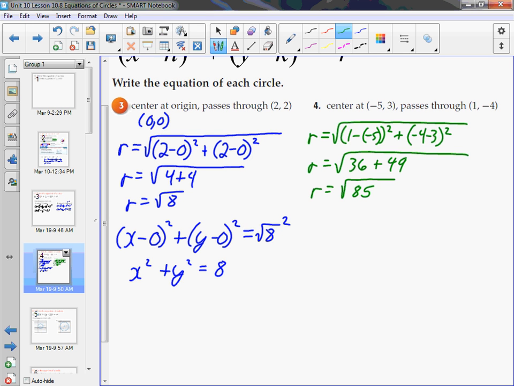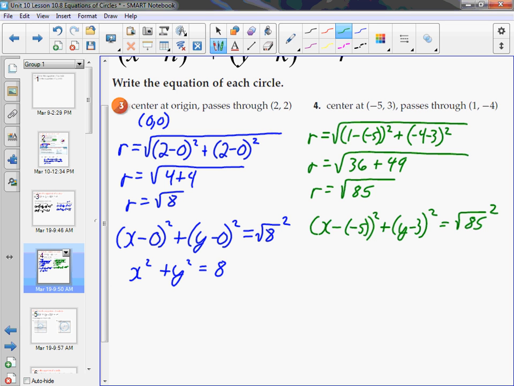Okay, now, x minus negative 5, quantity squared, plus y minus 3, quantity squared, equals the square root of 85 squared. And we've got a little simplifying to do.